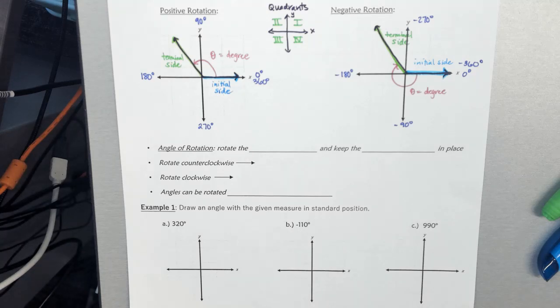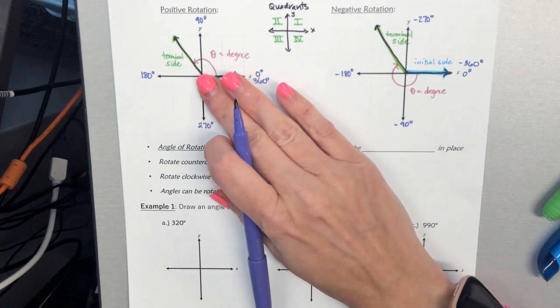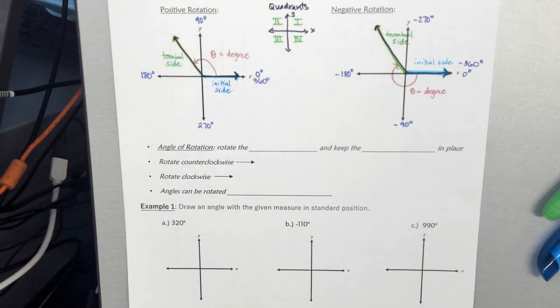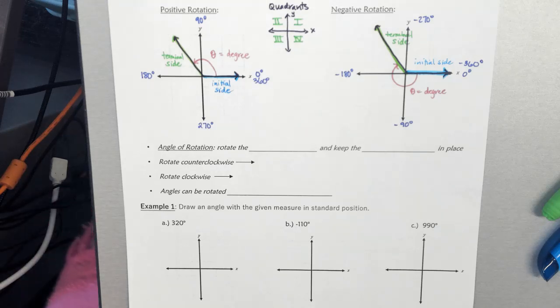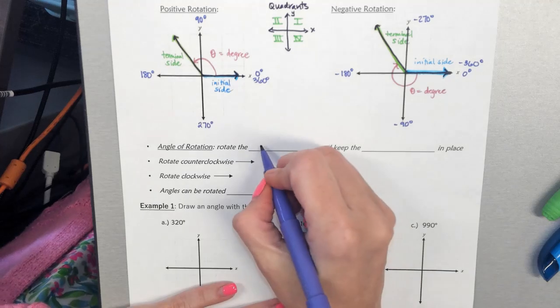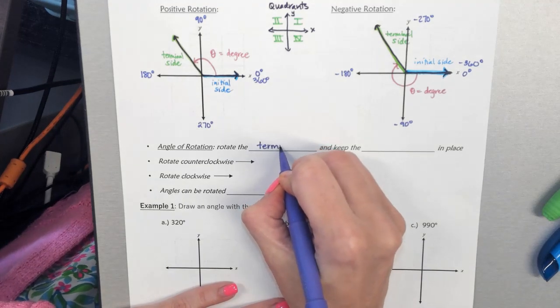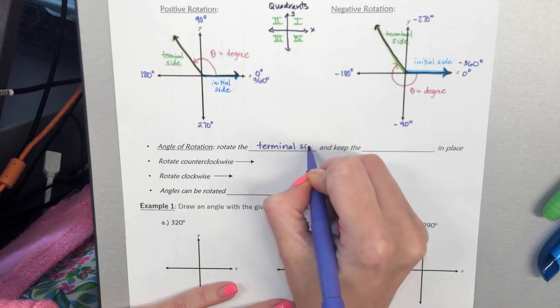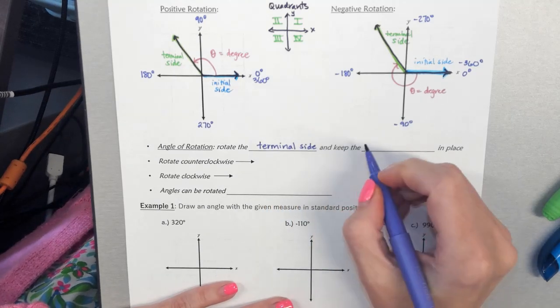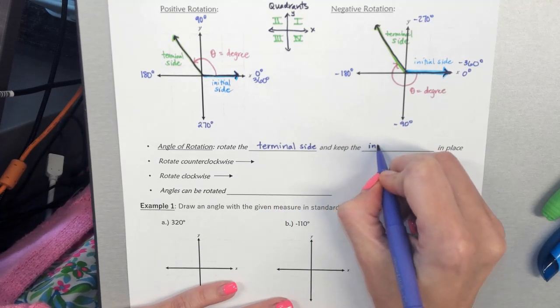Okay, so we have a positive angle and we have a negative angle. These are angles of rotation. When we are drawing these angles, we're going to rotate the terminal side, and we are going to keep the initial side in place.